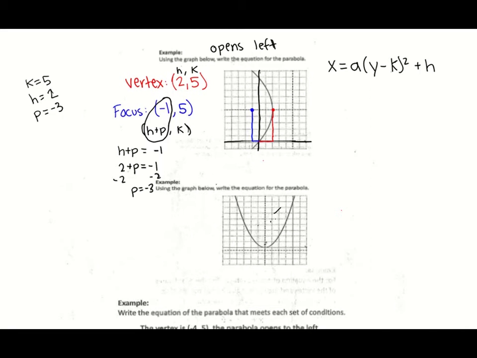Now to find a, I know that my equation for p is 1 over 4a. If I know my p is negative 3, I can plug that in. Negative 3 equals 1 over 4a.